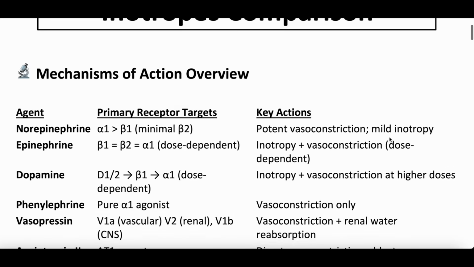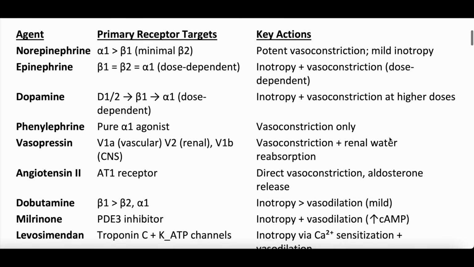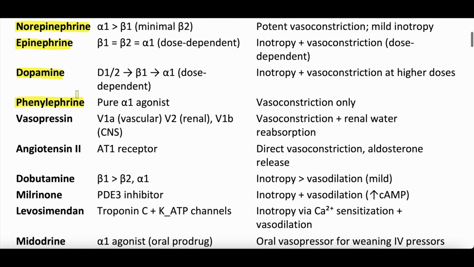So first thing is mechanism of action overview. This is agent, primary receptor targets, and key actions. And a way in which you can help organize this in your brain is adrenergic or catecholaminergic vasopressors: Norepinephrine, Epinephrine, Dopamine, Phenylephrine, and then at the bottom, Midodrine.